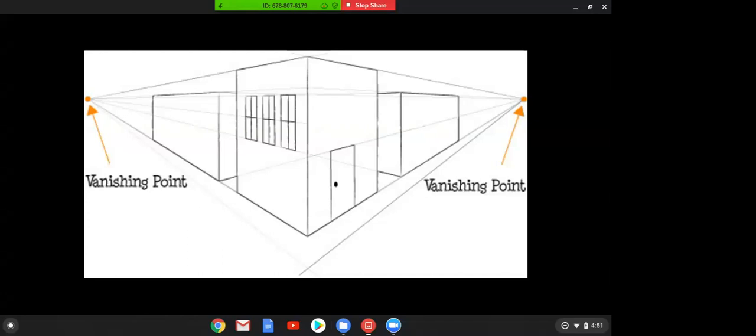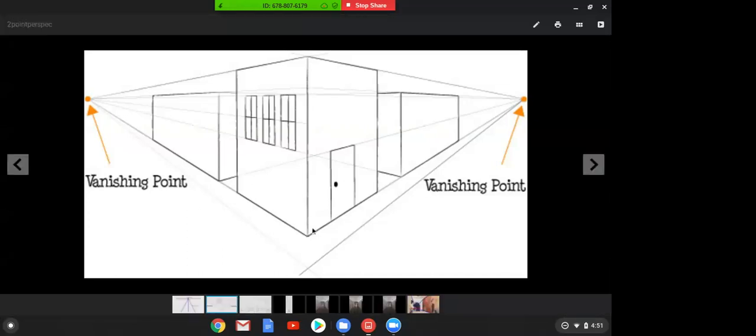One thing that's really good to keep in mind is that these lines run parallel to each other. Unless something is totally crazy wonky, the bottom and the top of the object are going to be running parallel, meaning they have to meet at the same point. Even if this object were turned slightly, it might meet at a different point. But the top and the bottom lines are parallel to each other.